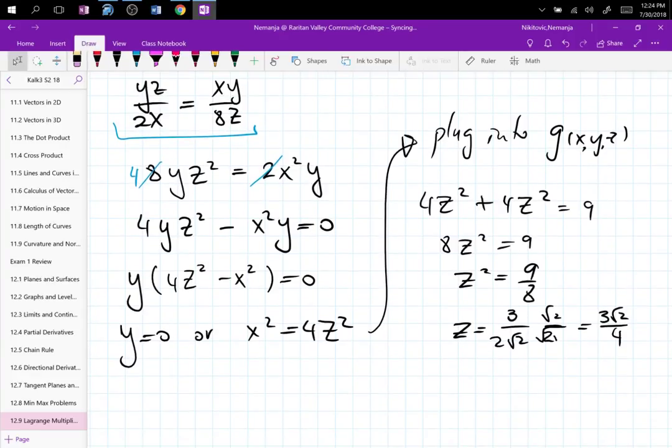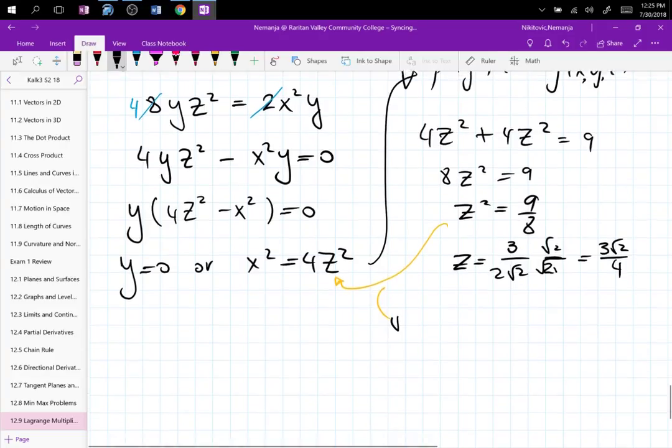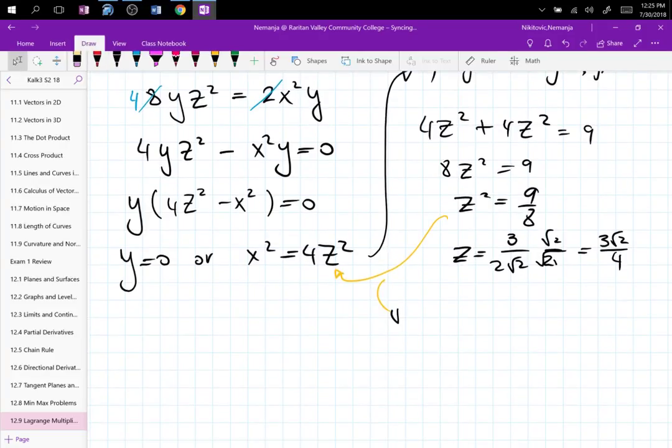So what do I have? I have the z squared which plugs in there, which will give me eight over 9 there.